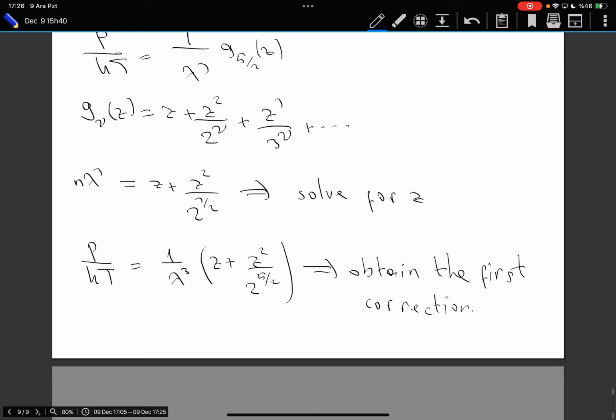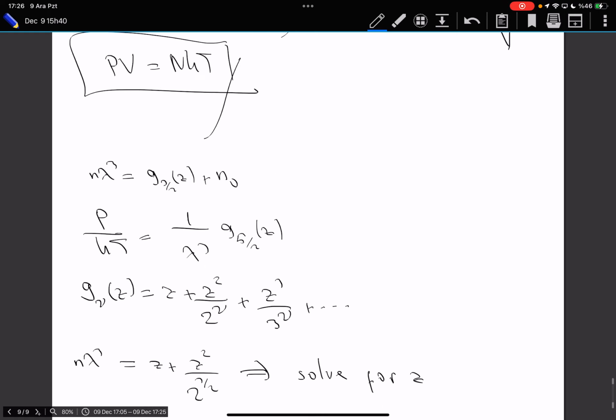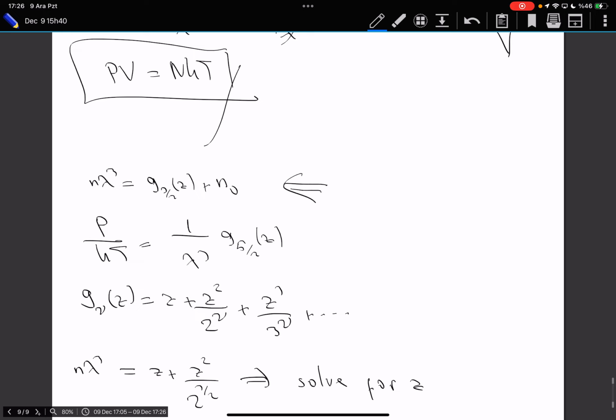You see, the trick will be, it's basically straightforward. We have this equation, which we need to solve for Z. And once we determine Z, if you put it over here, you get the pressure.